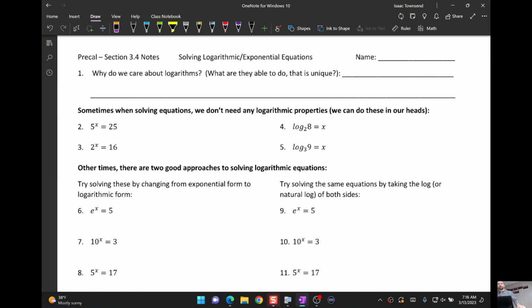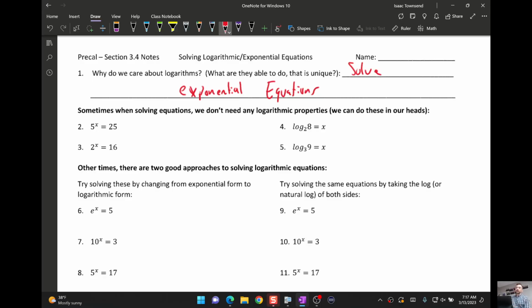The whole point of logarithms and what makes them so special is that they will solve exponential equations. Anytime you have a variable in the exponent, if you wanted to solve for one of those variables, you would have to know your log properties.